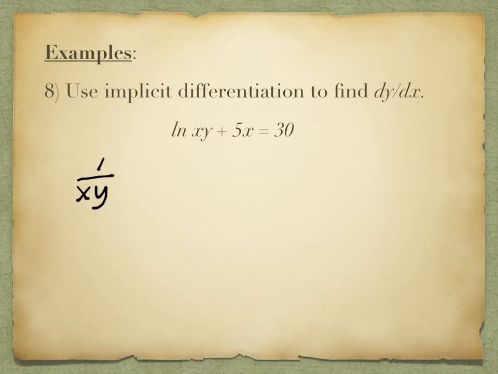Product rule, which we haven't done in class yet. We didn't encounter that last time in any of the pieces we were working on, I don't think. So we need the product rule of x times y. So you can do it in either order, but you need to leave one piece the same. I tend to leave the first one the same, x. And then you need the derivative of y. So what's the derivative of y? dy dx. So you can either write it as dy dx or you could write it as y prime if you're careful on your notation.